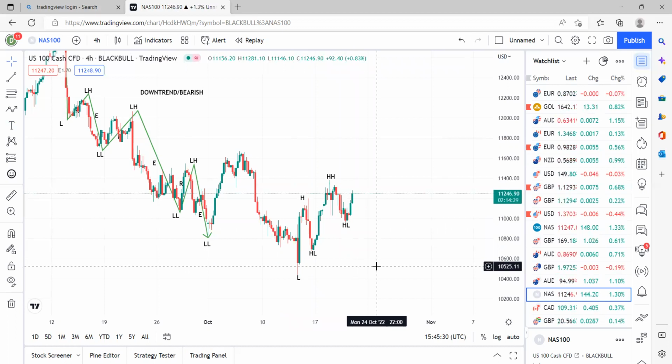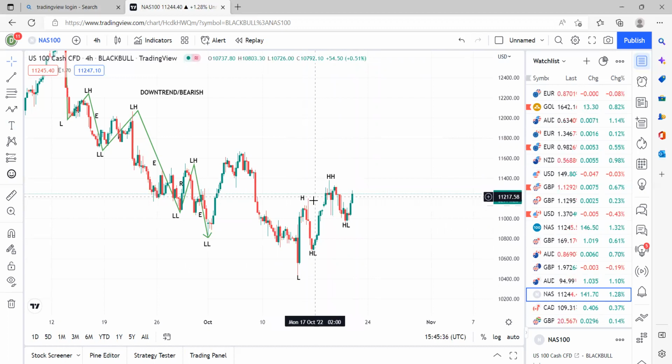But that second higher low is confirmed when it breaks the previous higher high. Because we broke this previous high here, we created a new higher high. So this is our new higher low. So now we're anticipating what? A break of the last higher high as well.